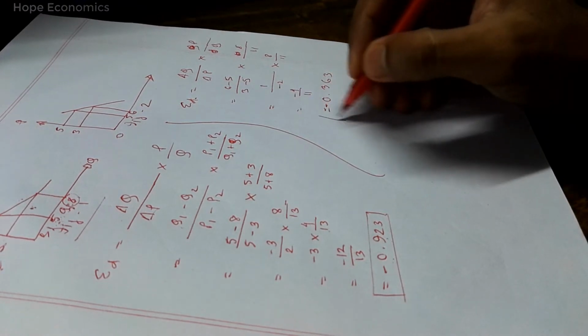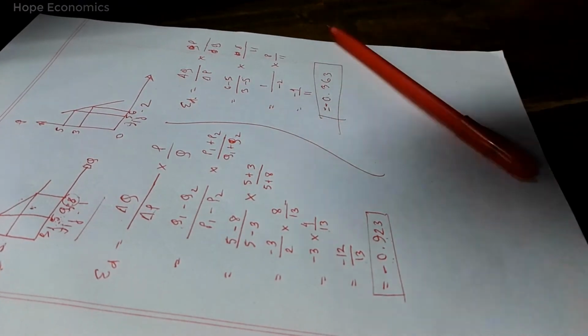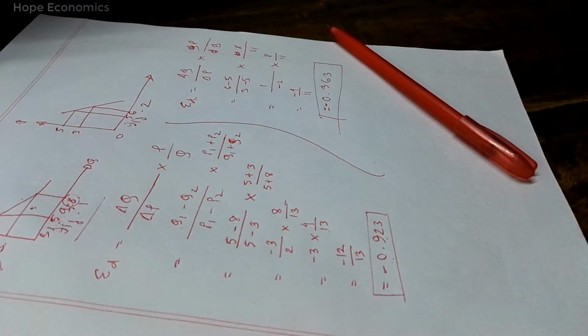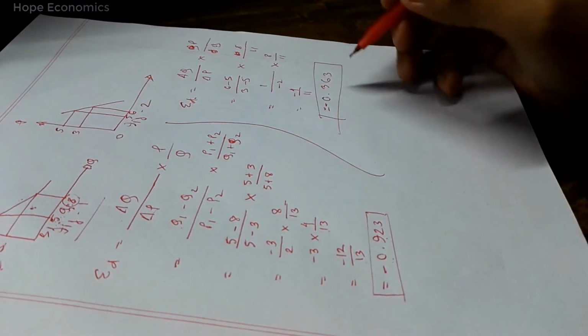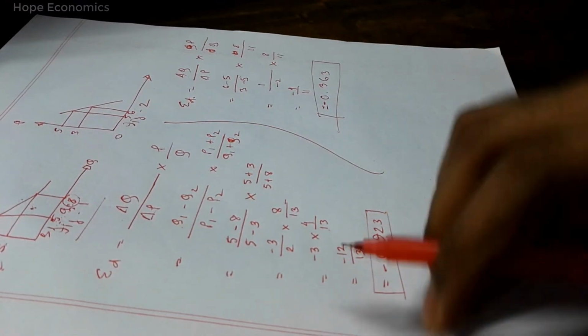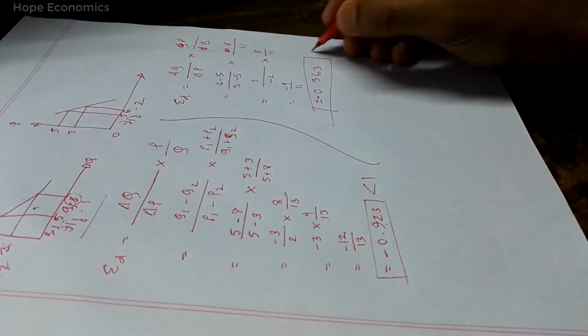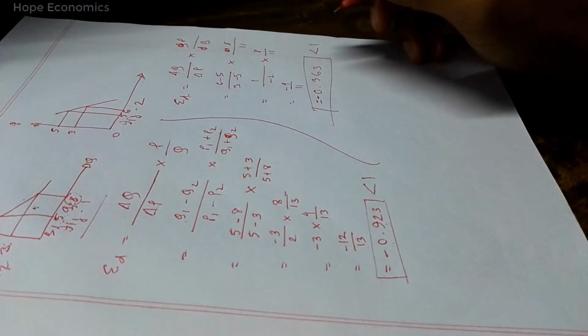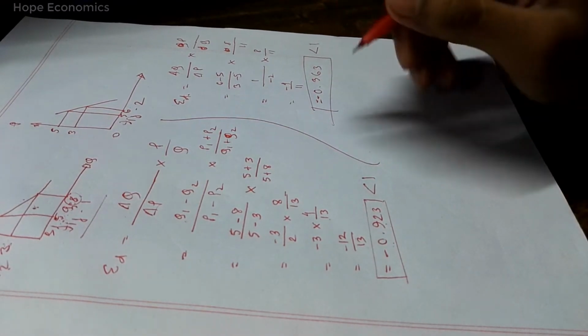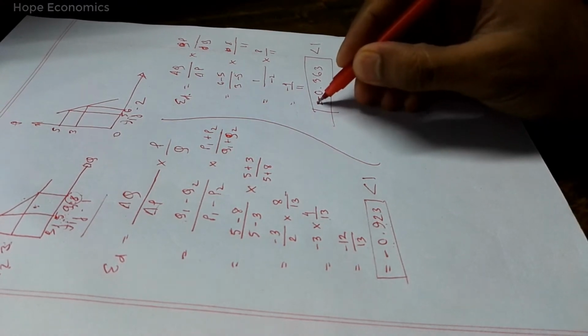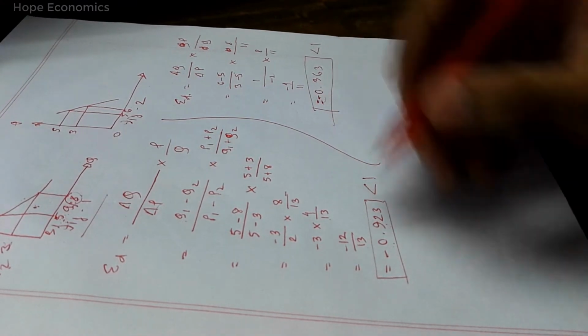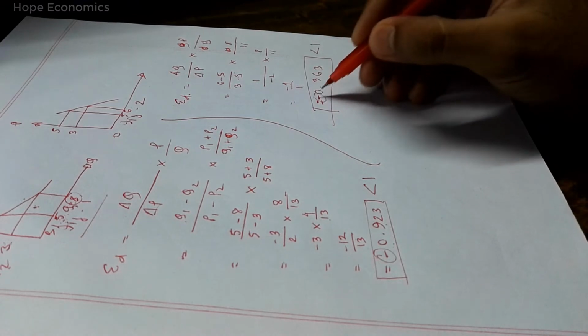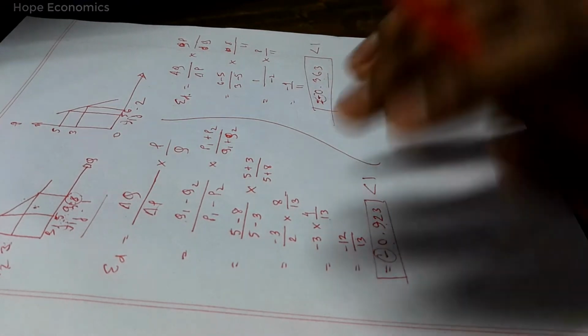So we have two values for both graphs, and we can see both results are below 1 or less than 1. Just keep one thing in mind: both values have a negative sign in front, but forget about it.